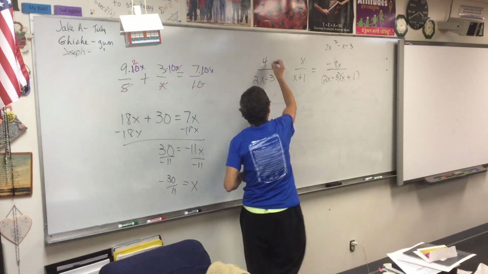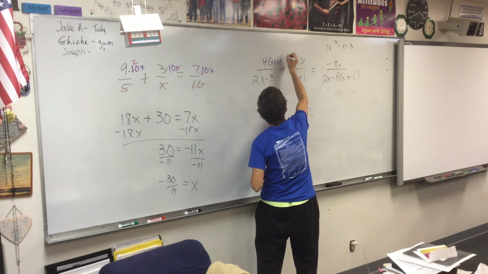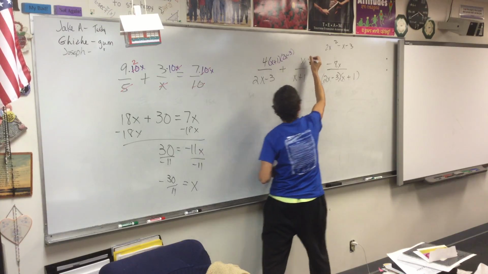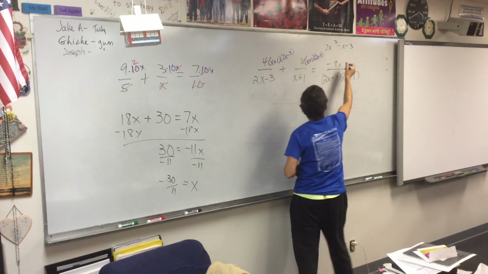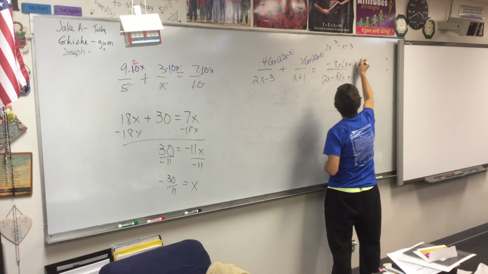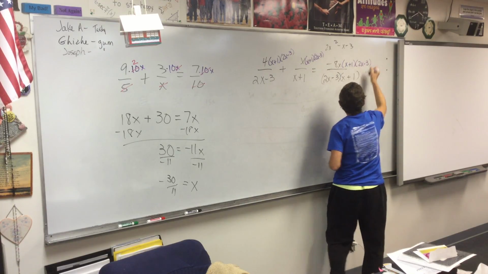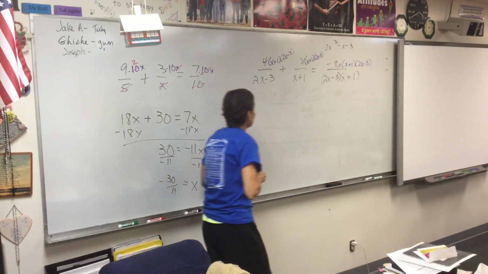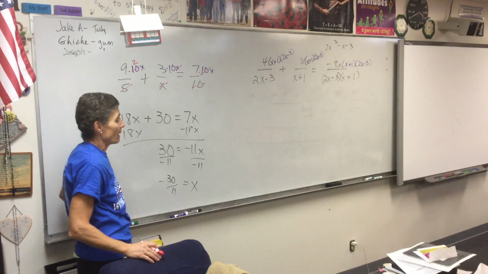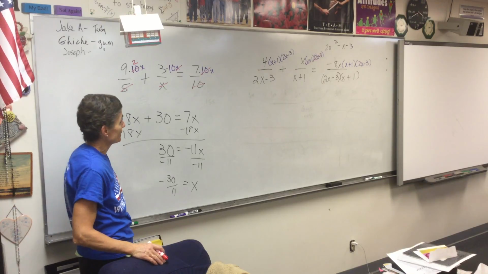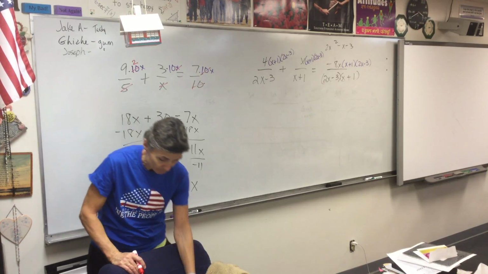In this problem, I'm going to multiply by x plus 1 and 2x minus 3. I'm going to multiply by both my denominators so that I can hopefully cancel them out. So I'm going to multiply every single fraction by x plus 1 and 2x minus 3.